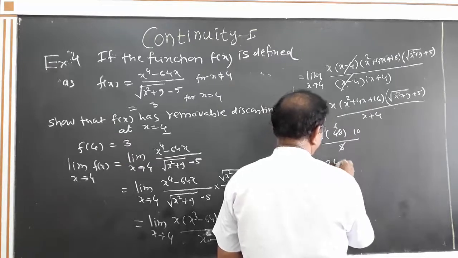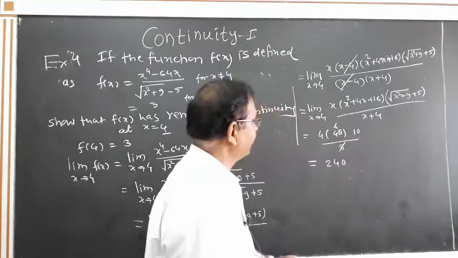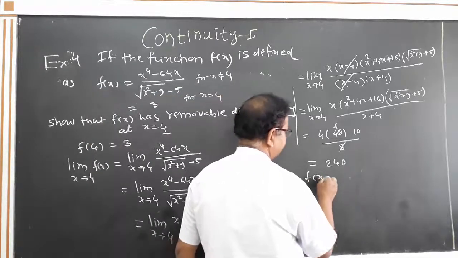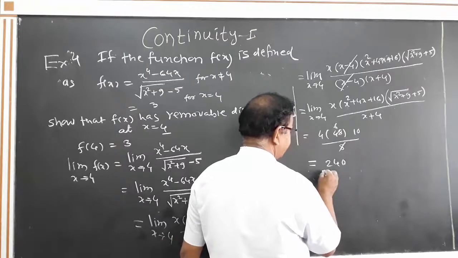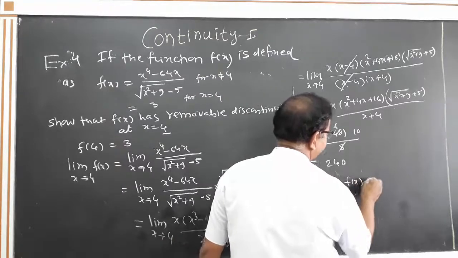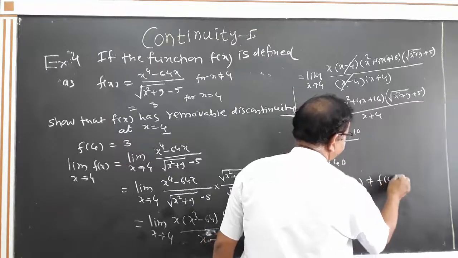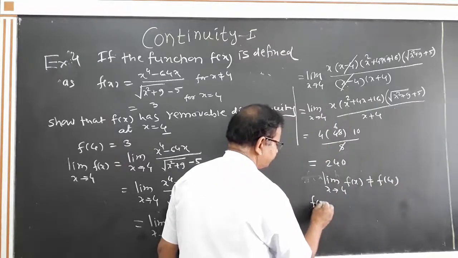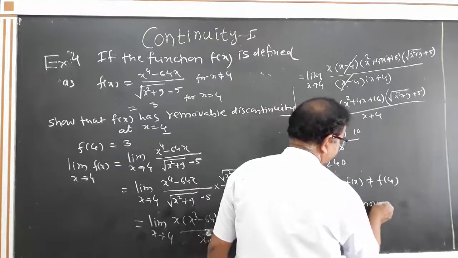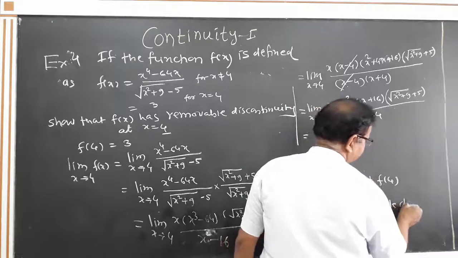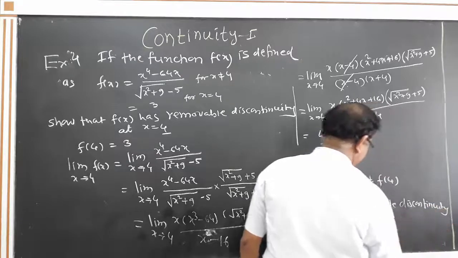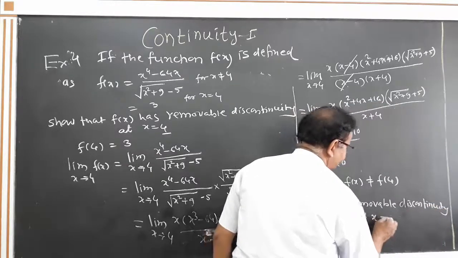That is nothing but 240. Hence, f(x) has a removable discontinuity. Hence, we can say that limit x tends to 4 of f(x) is not equal to f(4), and hence f(x) has removable discontinuity at x equal to 4.